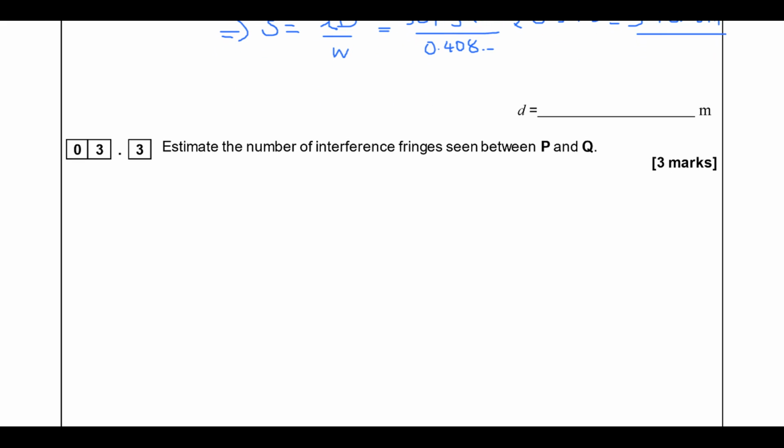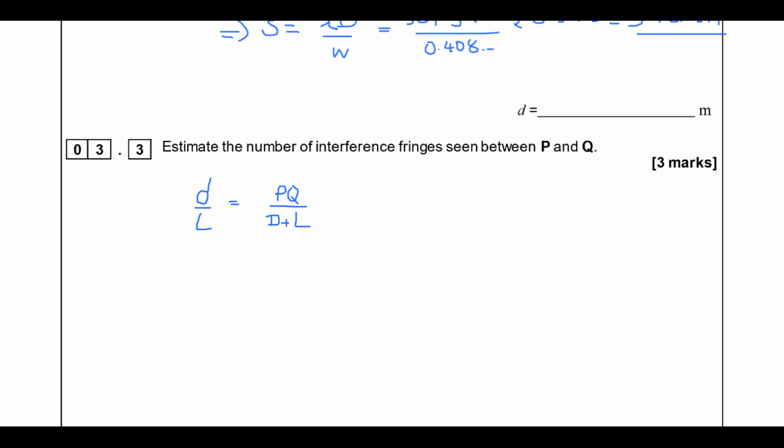Estimate the number of interference fringes seen between P and Q. We've been given the distances that we need. Essentially, D over L should be equal to the distance PQ over D plus L, because what we're looking at is essentially a triangle that keeps on going.